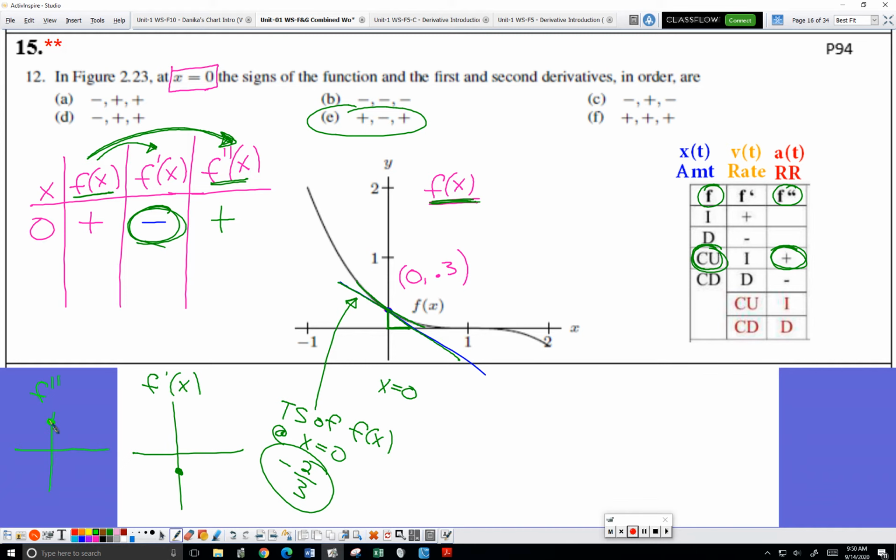Yeah. So if you went the line of f prime, it's negative, like we were saying. But if you go to Danica's chart and you have f prime negative, it's decreasing, so f double prime would be negative. So you just have to go straight from f to f double prime. You can't do it through f prime.